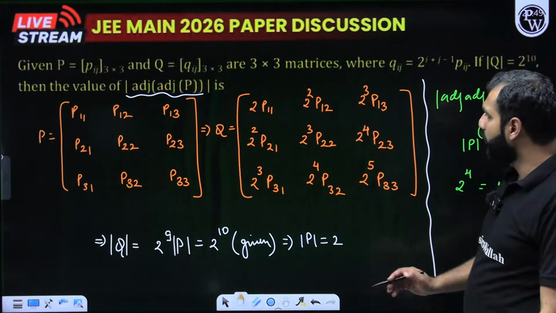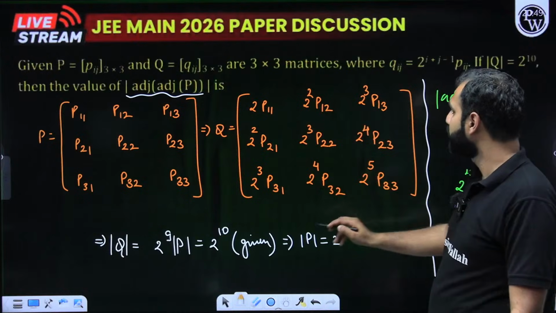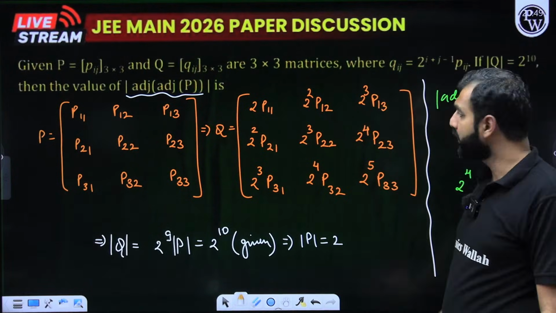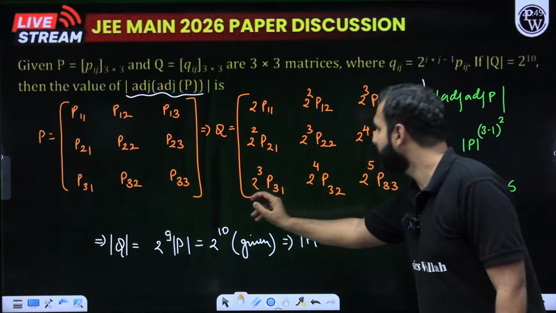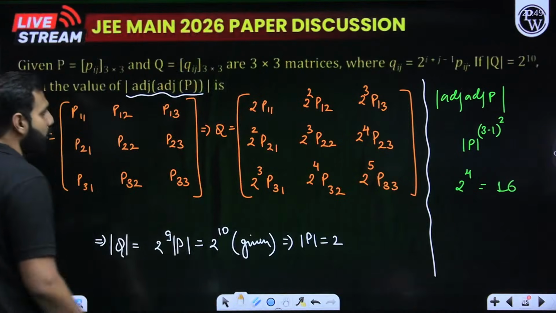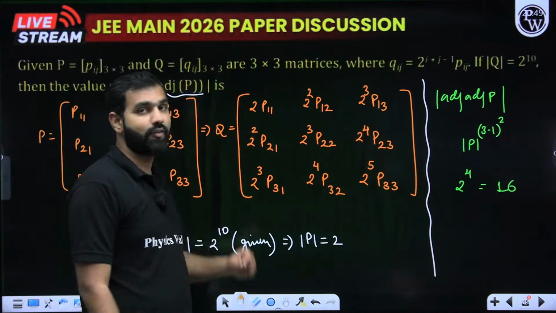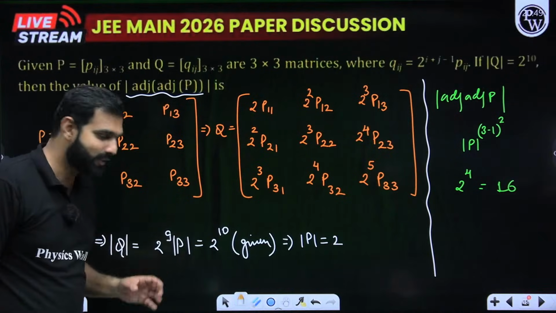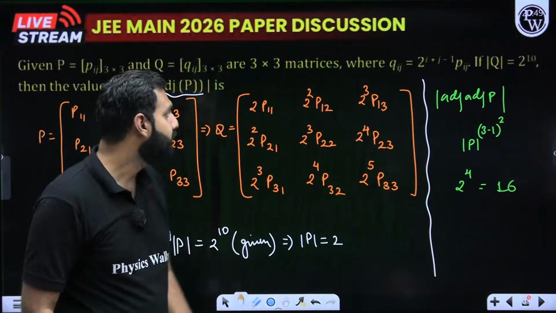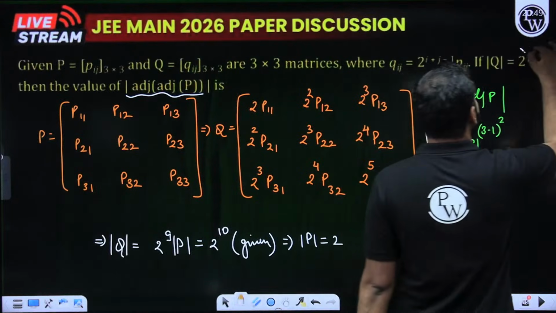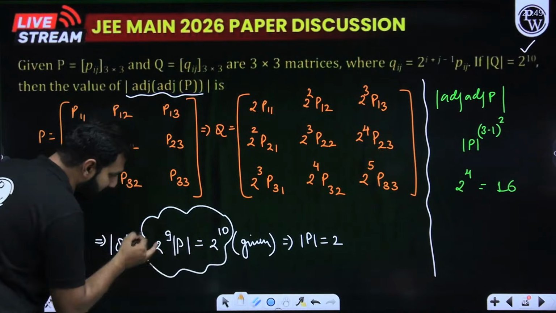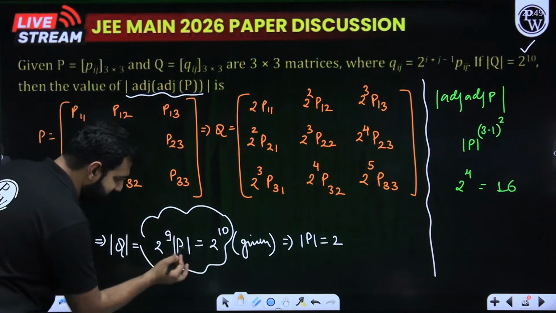With that, I hope you can clearly see I can take 2 common from here, 2 square common from here, 2 cube common from here. Then I can take certain values common from here. Ultimately, I'll be left with a lot of 2's, which are 2 to the power 9. So the determinant of matrix Q will be 2 to the power 9 times the determinant of matrix P. Now, we are told the determinant of matrix Q is 2 to the power 10, which is 2 to the power 9 times the determinant of matrix P. So matrix P has its determinant as 2.